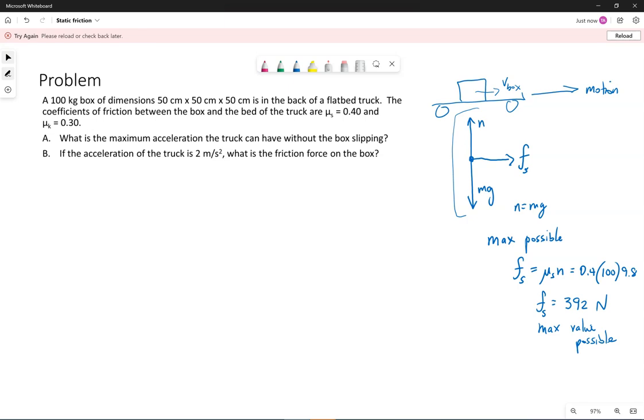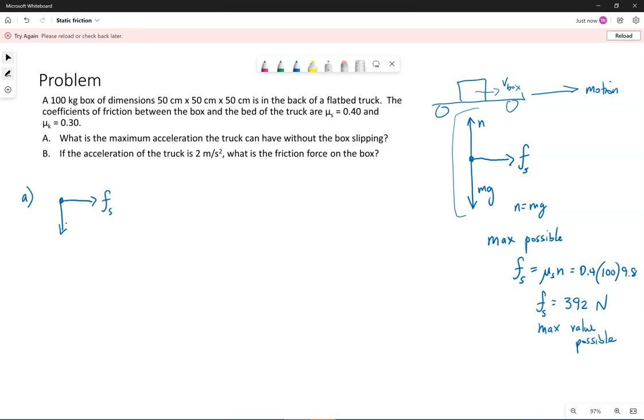So revisiting the question, part A wants to know the maximum acceleration the truck can have without the box slipping. Well, the truck's acceleration is going to be the box's acceleration if the box is not slipping. So in part A, we're taking this box.